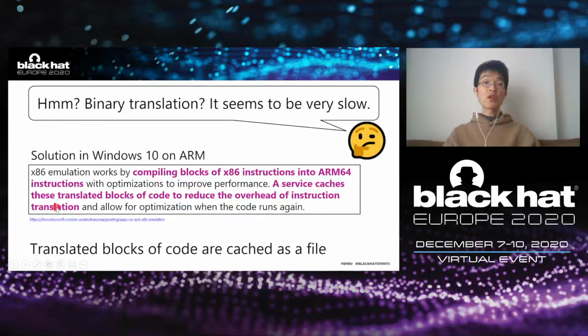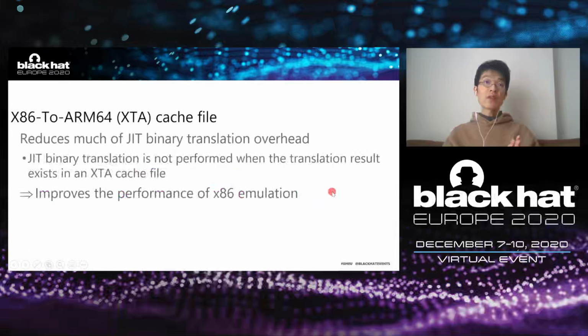These translated blocks of code are cached as a file. This file is called XTA cache file. It reduces much of the JIT binary translation overhead. So when the translation result is in the XTA cache file, JIT binary translation is not performed. This caching mechanism improves the performance of x86 emulation.